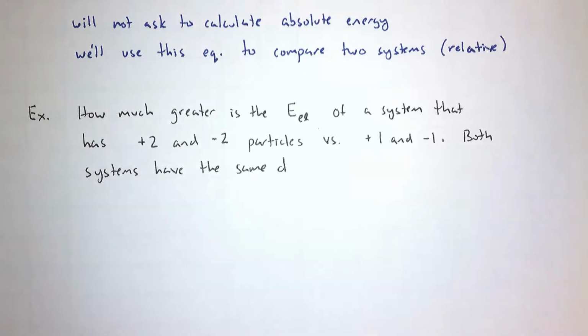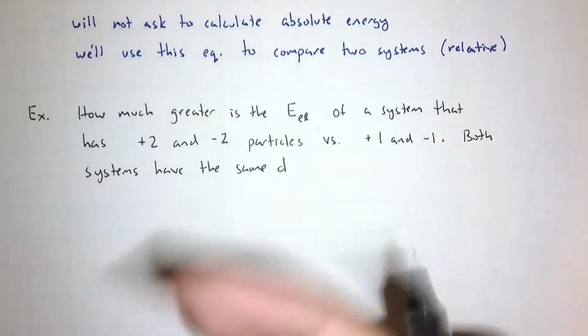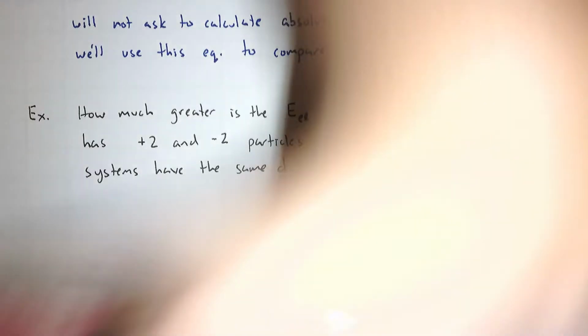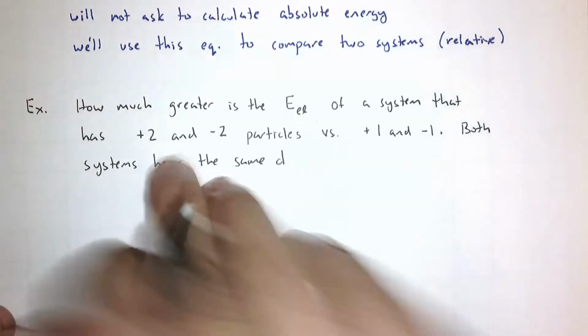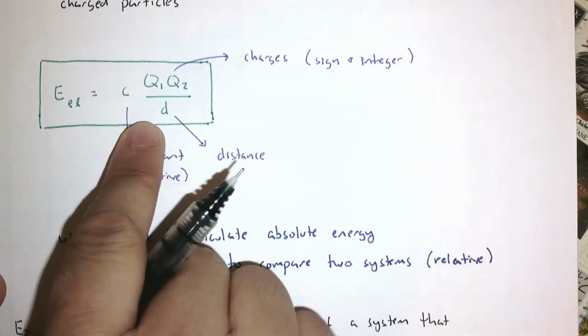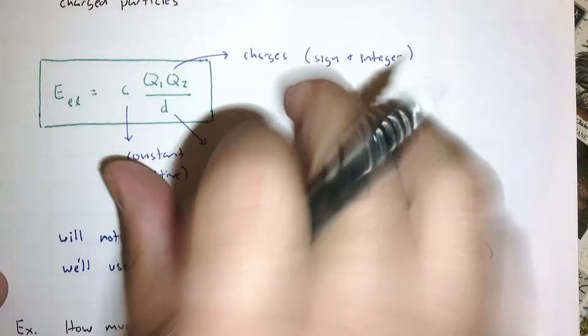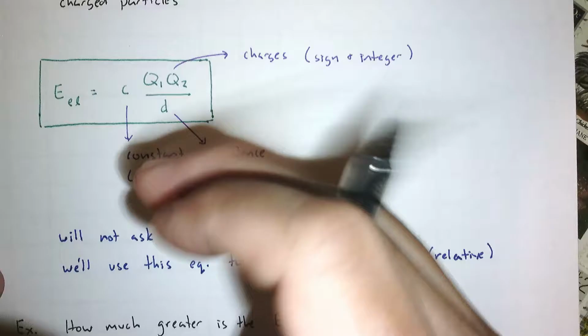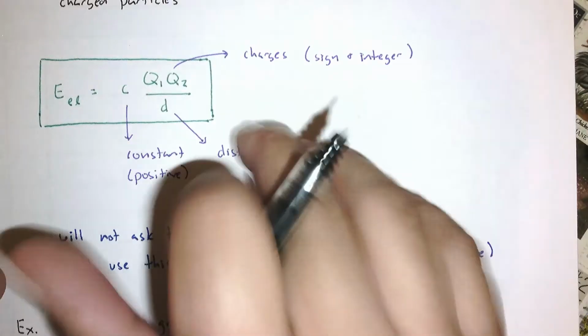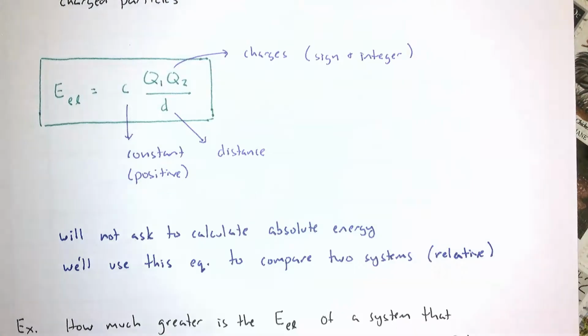See how if we take a ratio 60 to 40 and we reduce it to 1.5, I can say that I'm driving 1.5 times faster than my friend. We're going to do the same thing here. We're going to try to figure out how to get a ratio between the two systems and ask ourselves how much more energy the system with more energy has over the system with less energy.